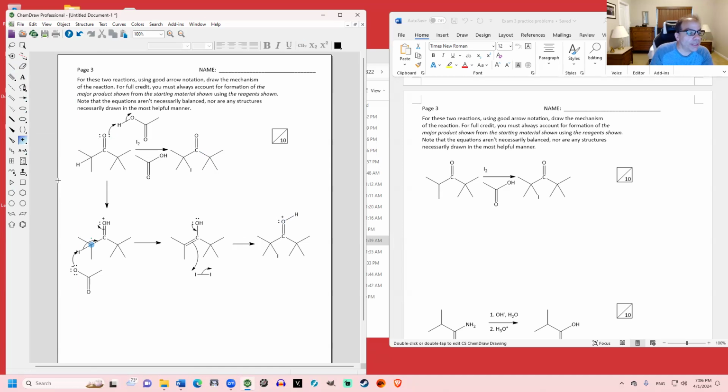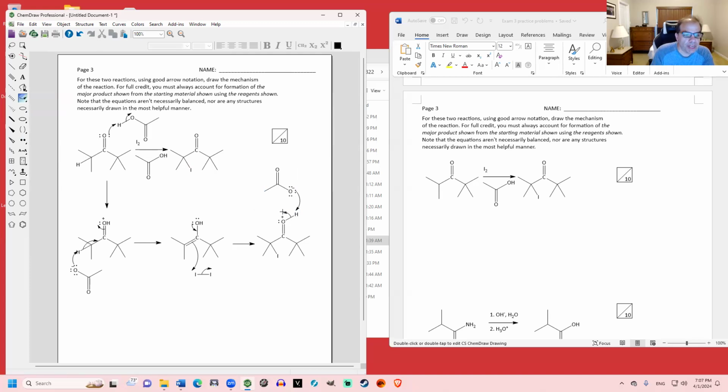And then all we need to do is pull off that proton to get rid of the plus charge on oxygen. We'll again use an acetate ion in order to do that. And the O minus pulls off this proton.